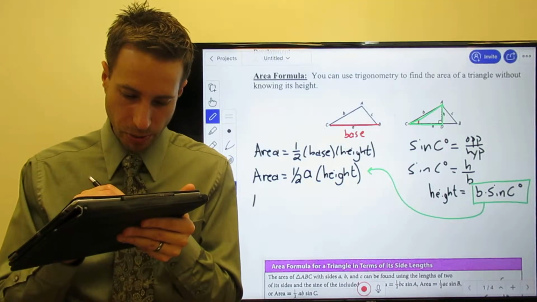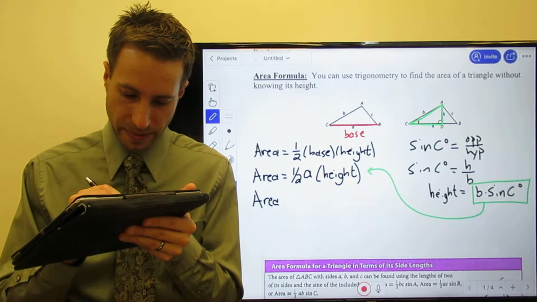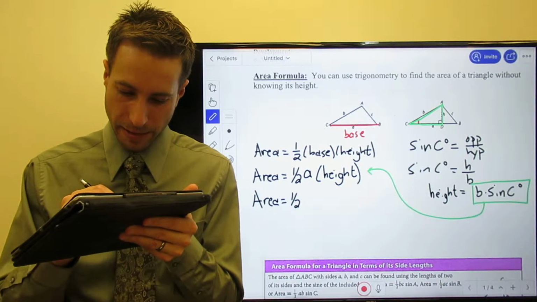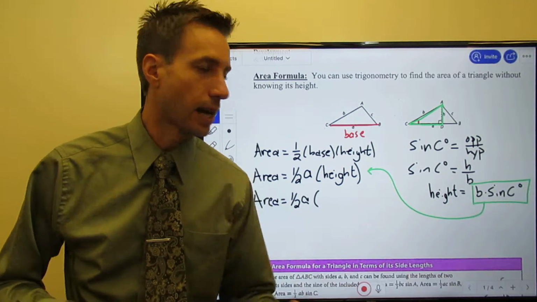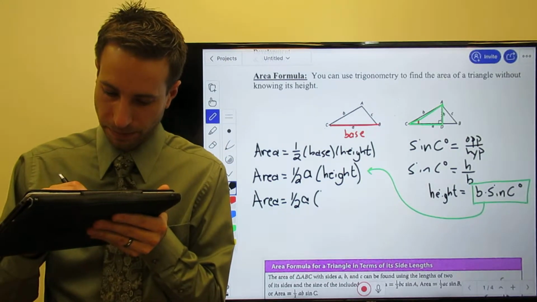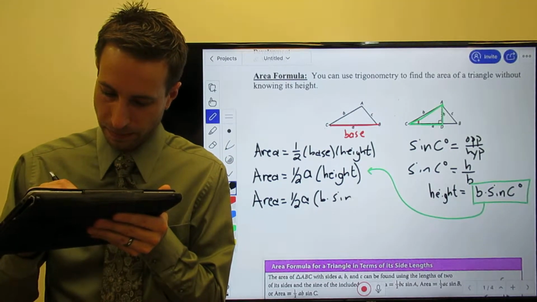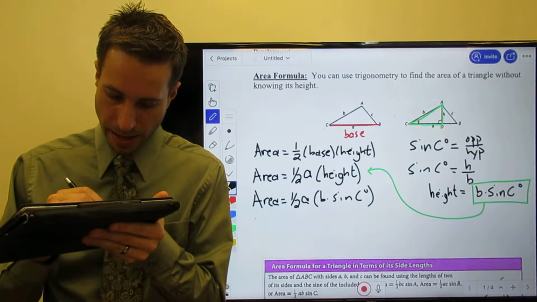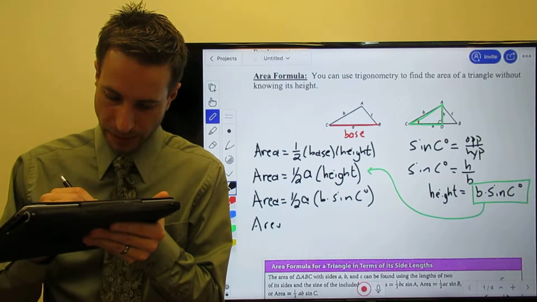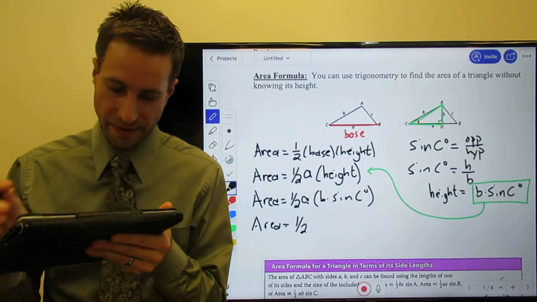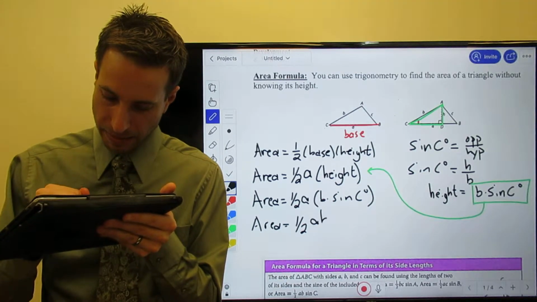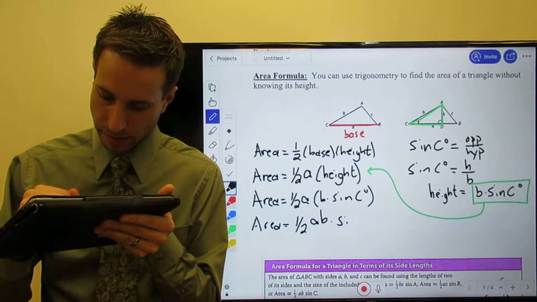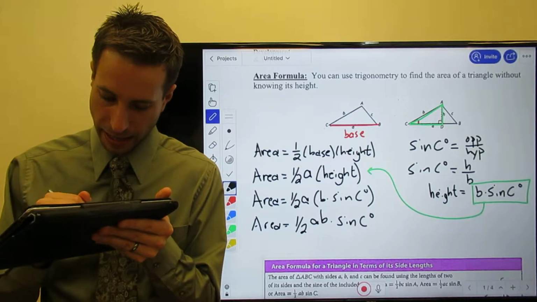And here's what I wind up with. I wind up with the area is equal to 1/2 A times, well, what is the height? B times sine of C. And finally, area is equal to 1/2. I don't need the parentheses anymore. A times B times the sine of angle C.